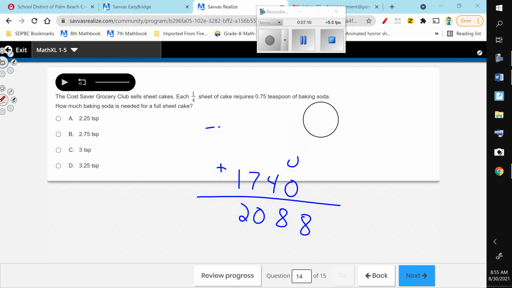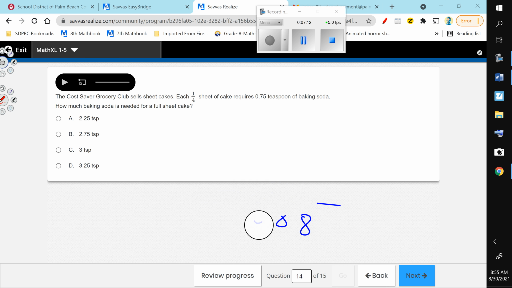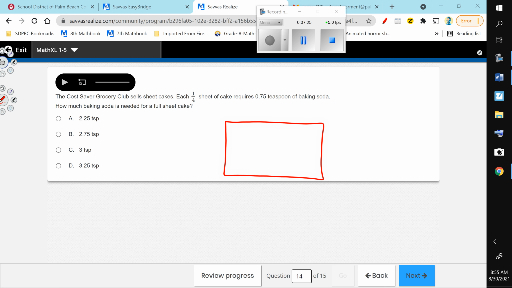And then this one, the Cost Saving Grocery Club sells sheet cakes, which is like the shape of a sheet. Each quarter sheet of cake requires 0.75 teaspoons of baking soda. How much is needed for a full sheet cake? So this is 1/2 of a sheet cake, right? But that's not what we're dealing with. We're dealing with 1/4. Now that means it takes 4 sections to make one whole.